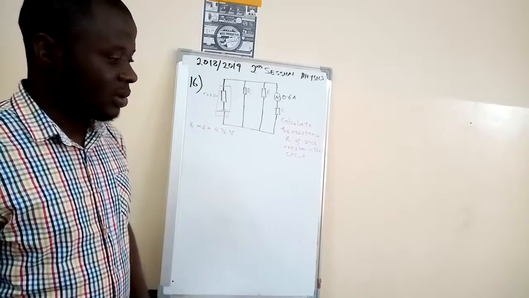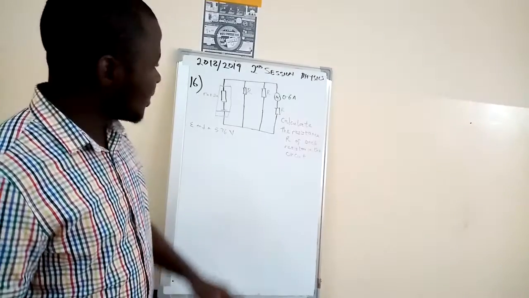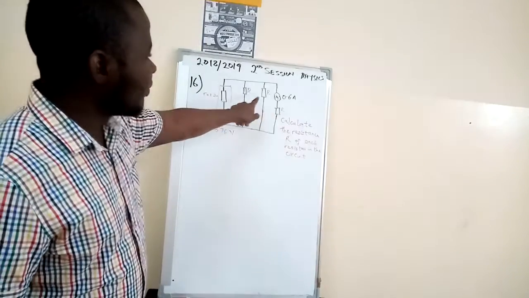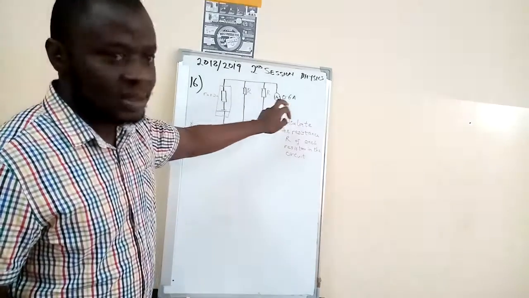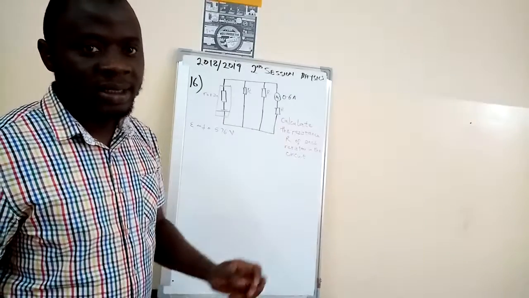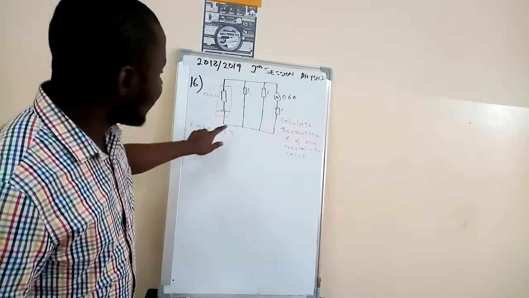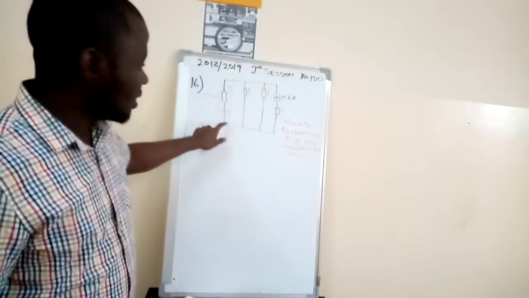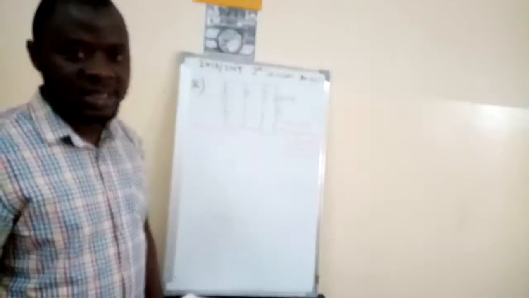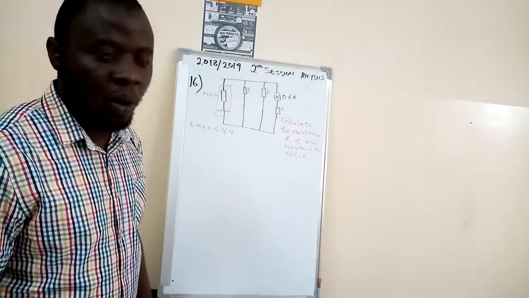We have this question on the board. You can see the circuit diagram. I have three resistors, R and R and R, because they are similar. They are the same. We have an EMF of 5.6 volts. The EMF of this battery is 5.6 and it has an internal resistance of 1.2 ohm.